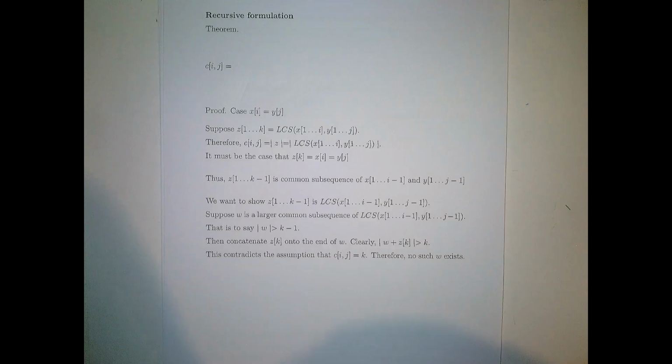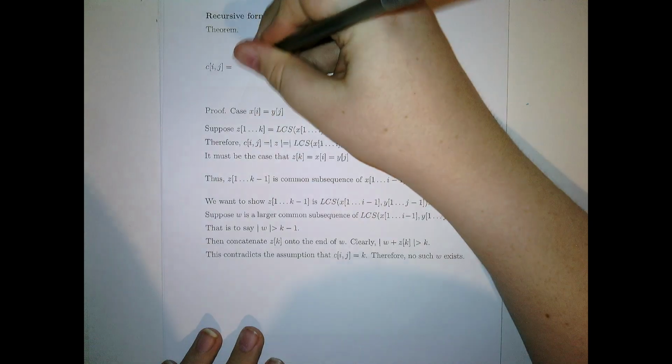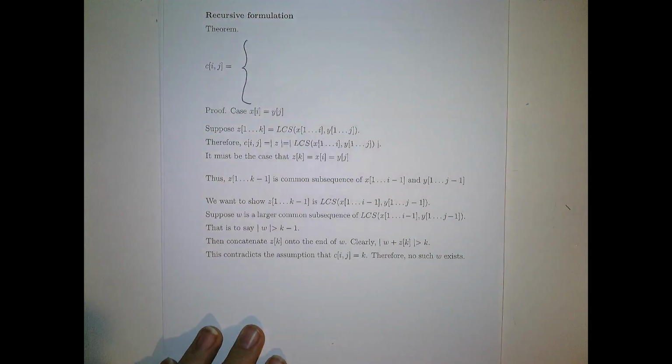Well, C(i,j) is going to depend on something, so don't worry about the proof stuff here. Actually, I'll cover that up, so we're not getting distracted by all the scary stuff down there. But let's just think about how we would define C(i,j).